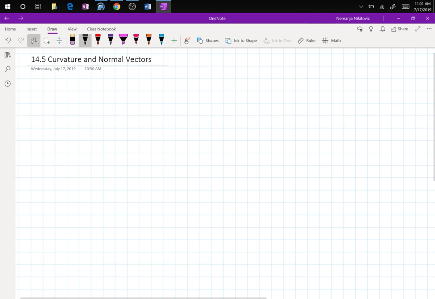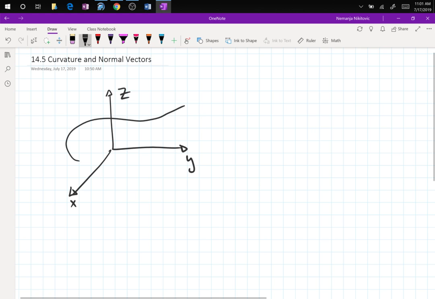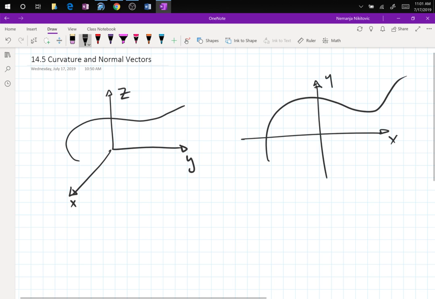Curvature. You have a curve in space, x, y, z. You also have a curve on the plane, x, y.